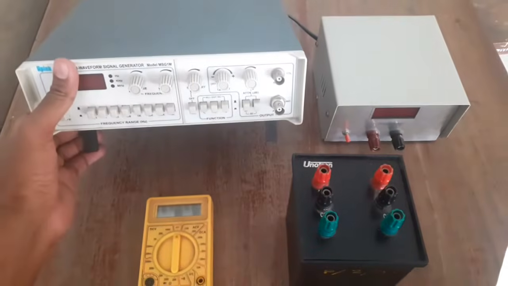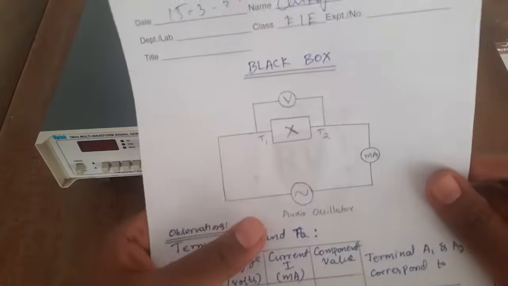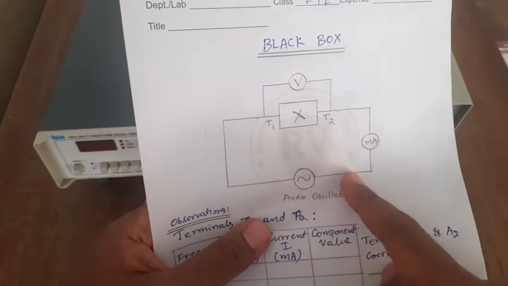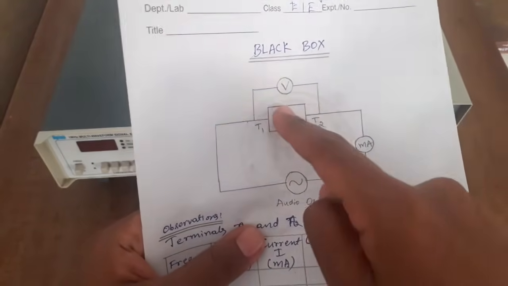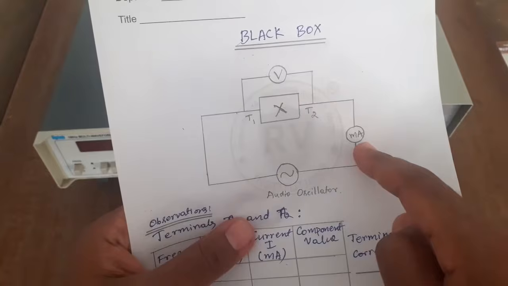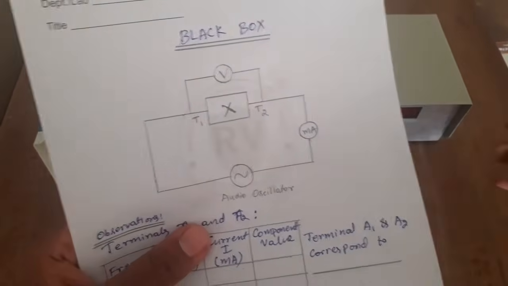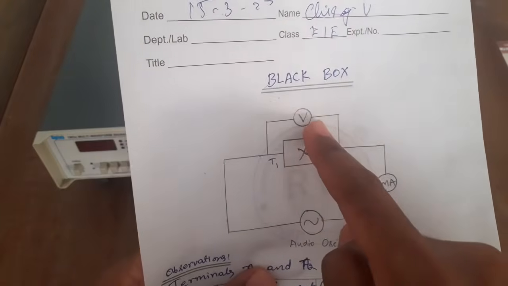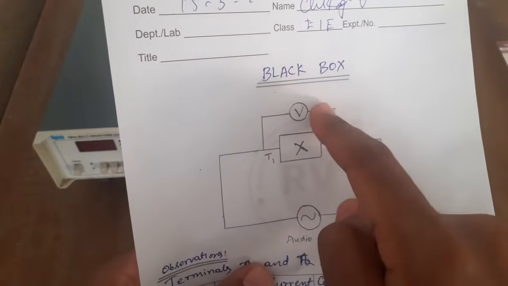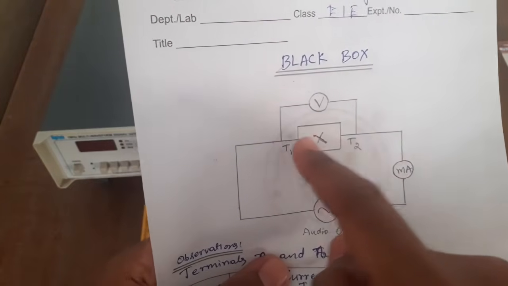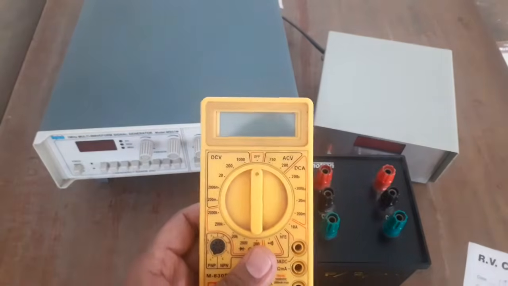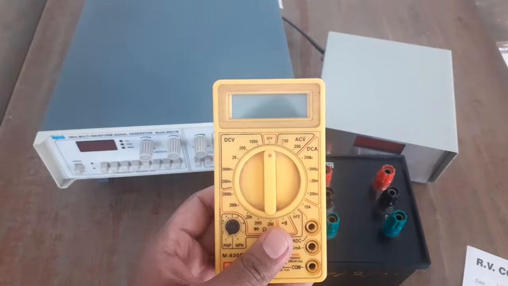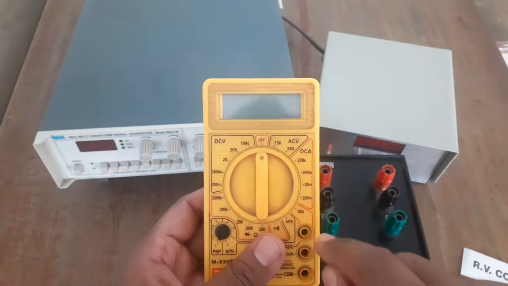The AC current from the audio oscillator should be fed to the component through an ammeter, which measures how much current is going through it. This is a digital ammeter given for the measurement, and a voltmeter should be connected across the component so that you can find out the potential difference across the component. For the voltmeter we are going to use a digital multimeter, with which you can measure the AC voltage.